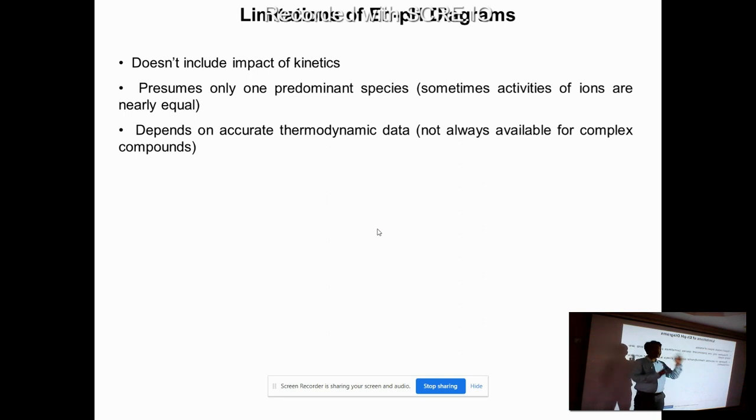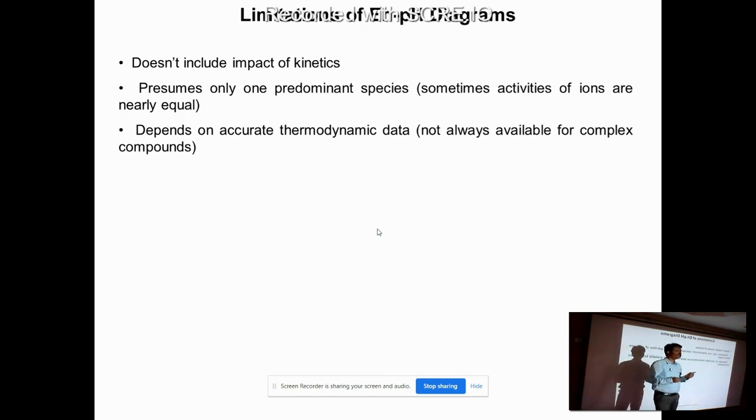But there are certain limitations, as I told in the last slide. What are those limitations? These E-pH diagrams, also called Pourbaix diagrams or electrochemical phase diagrams, do not include the impact of the kinetics.